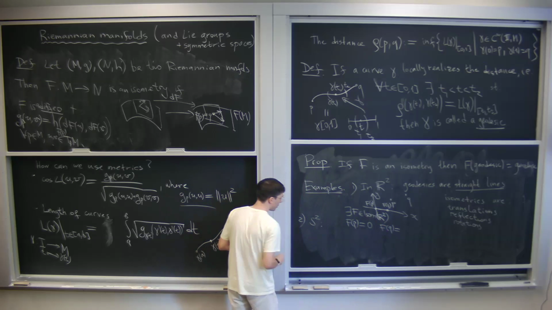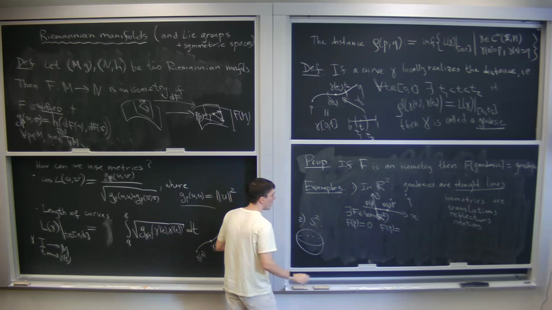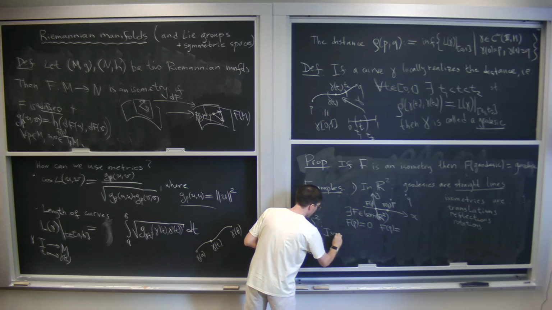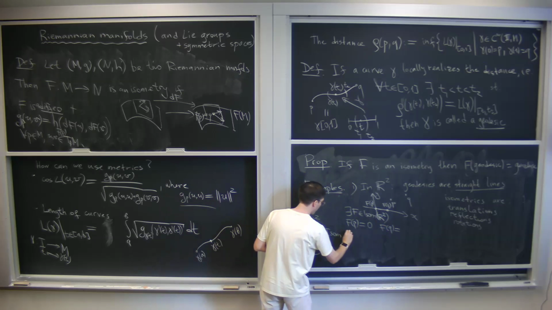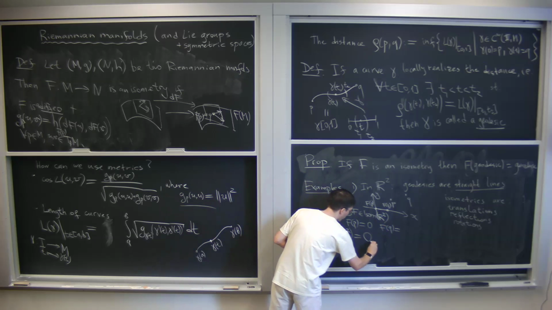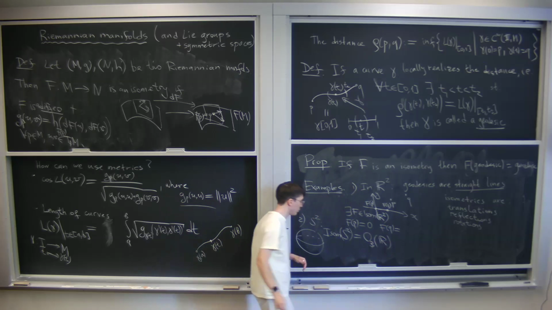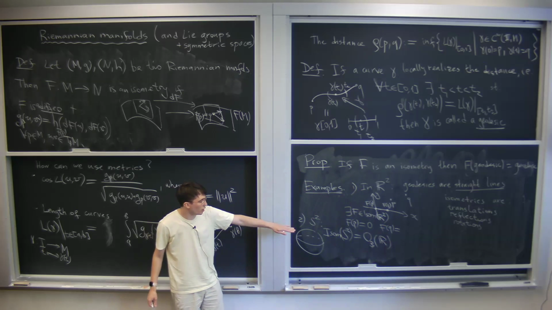On S2, the isometry group is actually quite simple. The isometry group of the sphere S2 is the orthogonal group of order 3, which is denoted by O3R.